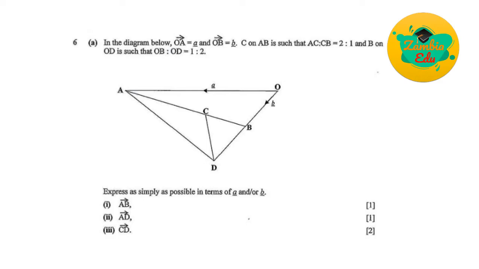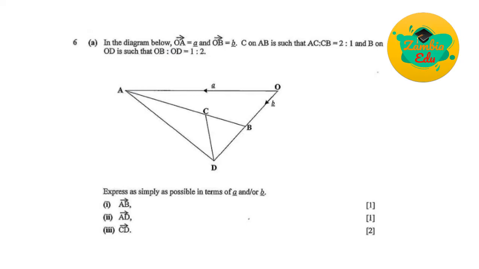Express as simply as possible in terms of a and b: 1, vector AB; 2, vector AD; 3, vector CD.